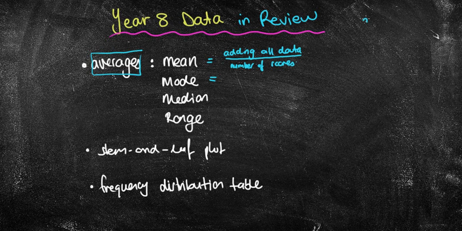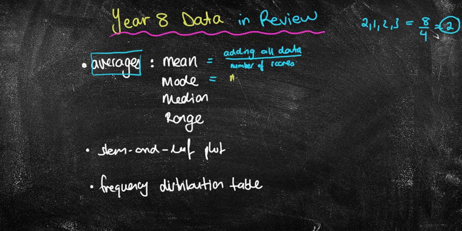So for example, if we had 2, 1, 2, and 3, we would simply add them together: 2 plus 1 is 3, 4, 5, 6, 7, 8, and we would divide it by 4 to get an average of 2, or a mean of 2. So again, you add all the scores together, and then you divide them by how many scores there are.